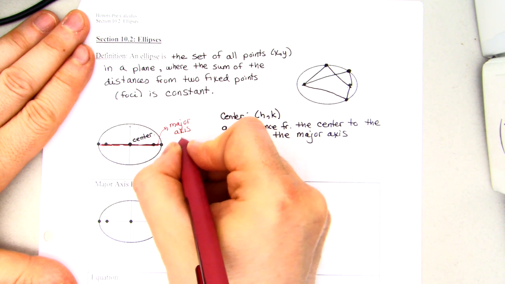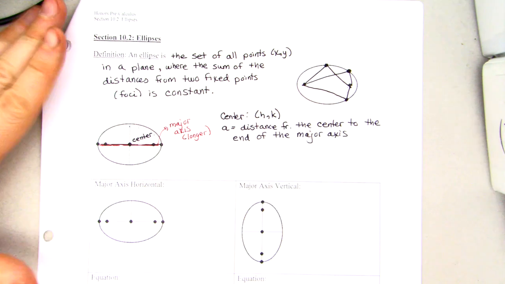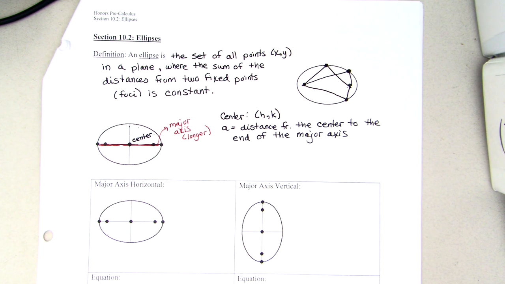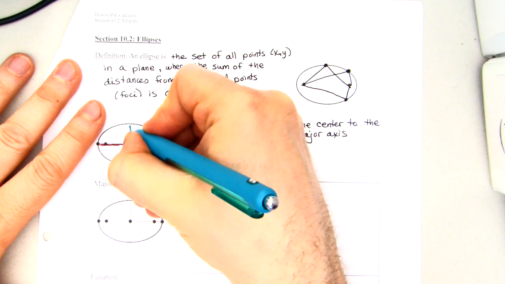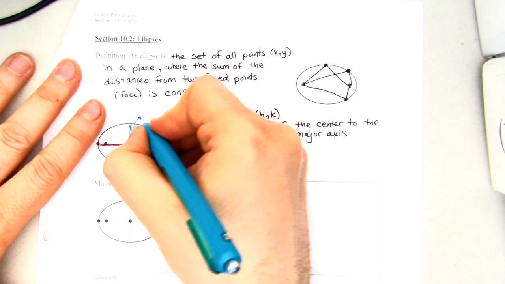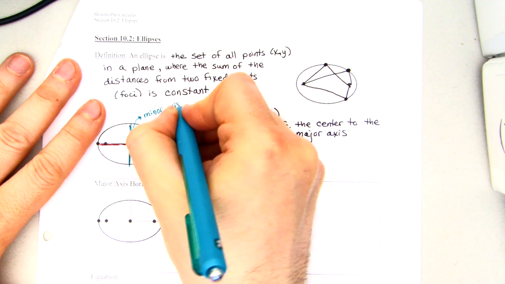And the major axis is always the longer one. Just like I have a major axis, I have a minor axis, my shorter axis. We're calling this one over here the minor axis, and that is always the shorter one.